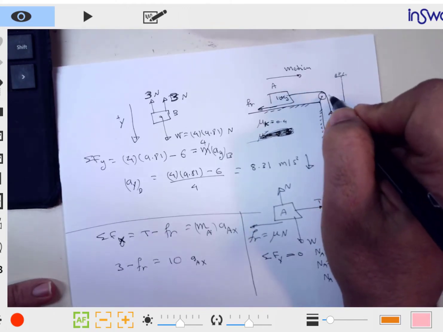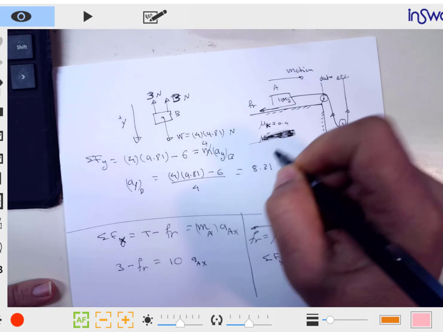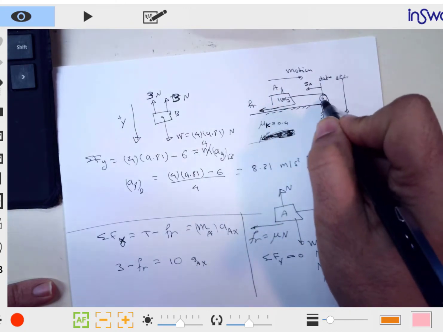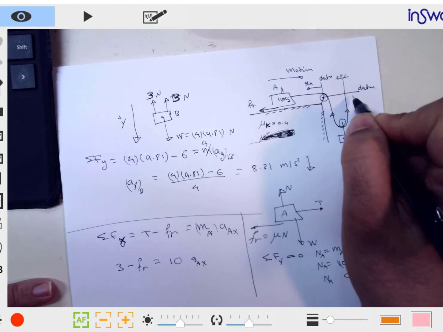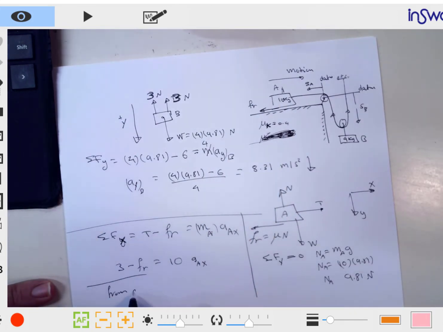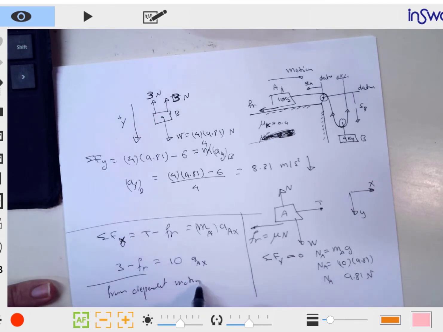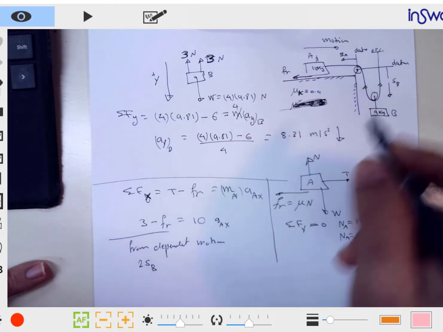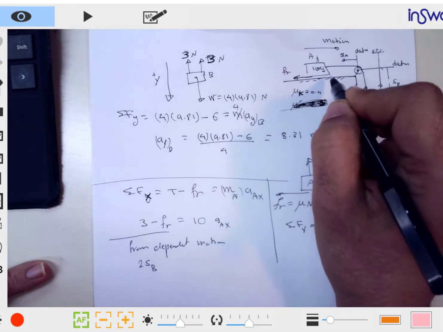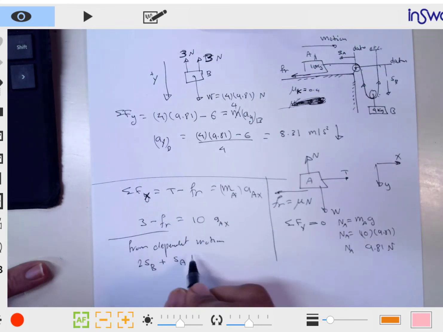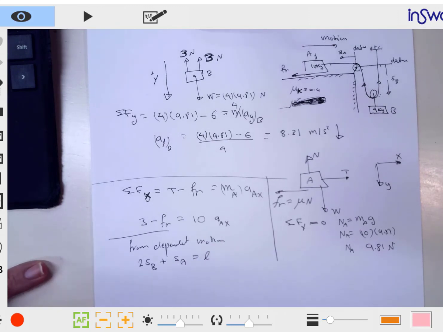If I use this as a datum to calculate the position of S A, the position of this block, and use this datum to calculate the position of block B, then the total length of the cable from the dependent motion equals this portion, that portion, plus that portion, plus the redundant one, plus S A, all referenced the way I'm showing there, equal to some constant.